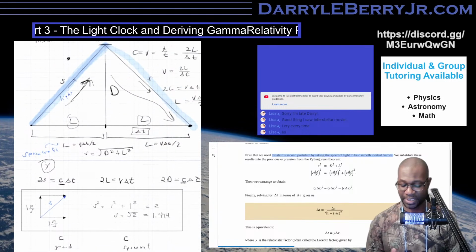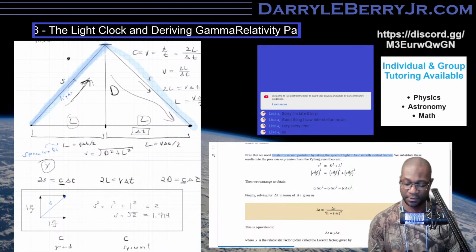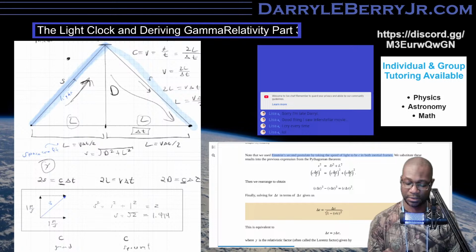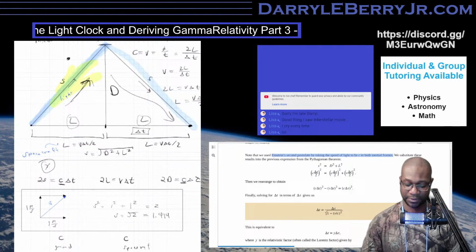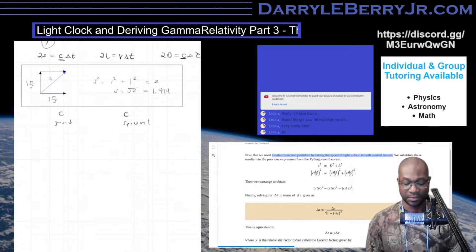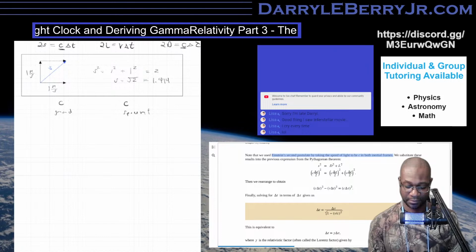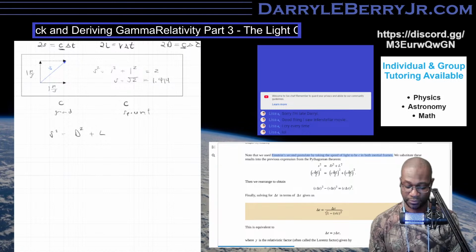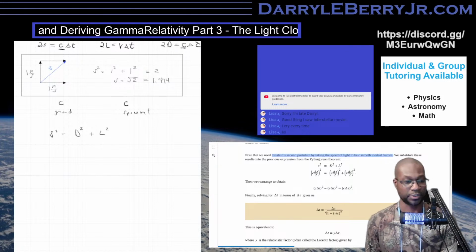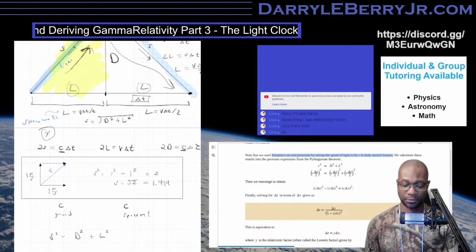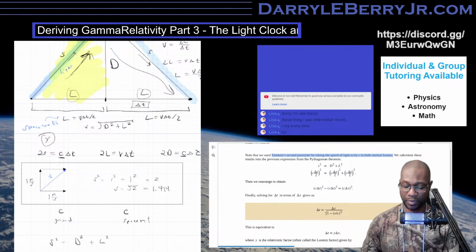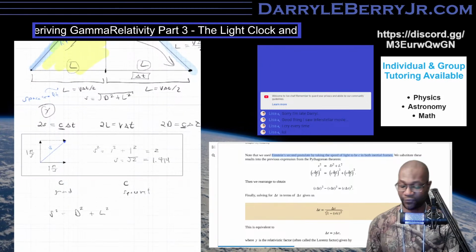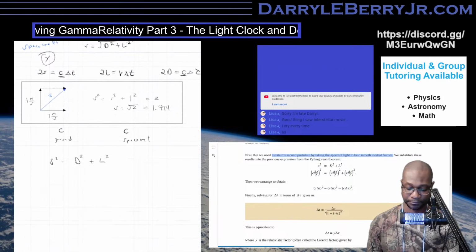So earlier we used our triangle to figure out this Pythagorean type deal out here. So we're going to start with that. s squared equals d squared plus L squared. All we're doing is taking the triangle from the perspective of the person on the ground and squaring it for our time dilation form.